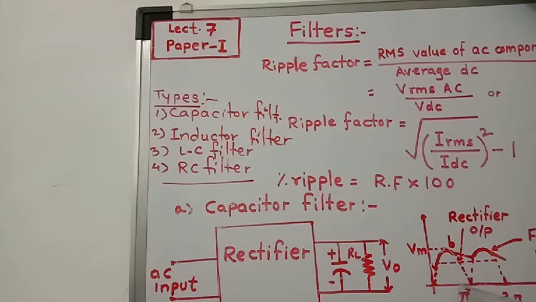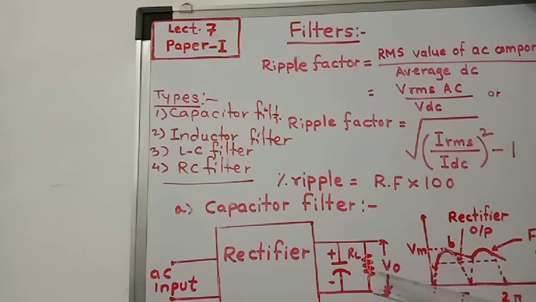Now again, when the input voltage increases and just exceeds the capacitor voltage, then the capacitor C starts charging again. Thus the load voltage is maintained constant. Only a small amount of ripple or fluctuation is produced across the load resistance RL, which is not bypassed by the capacitor.